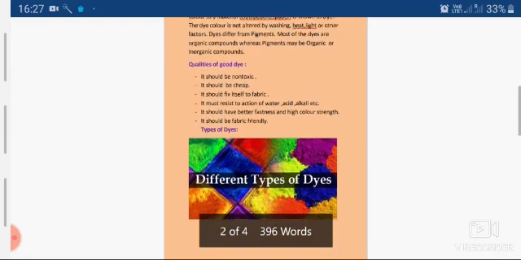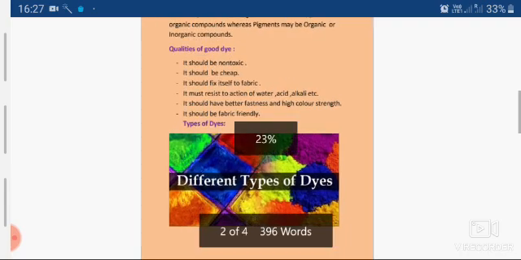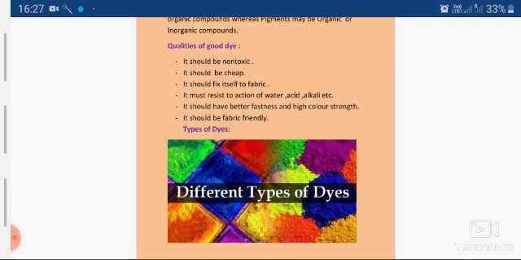Now, the next is qualities of a good dye. What are the qualities of a good dye? As you saw in drugs, there are some conditions that can be satisfied by a good drug.